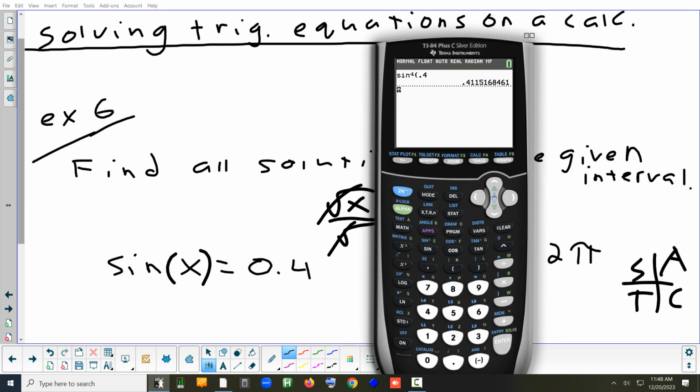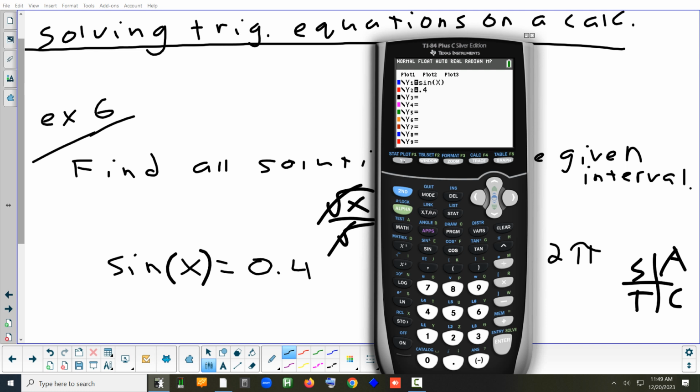You're going to learn how to do what I just did eventually. So let's see if those are the two answers we get: 0.411 and 2.73. If you don't know how I got those, don't worry. Let's just see if that's what we get.